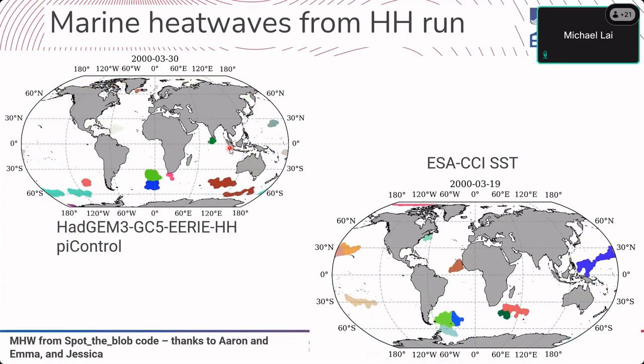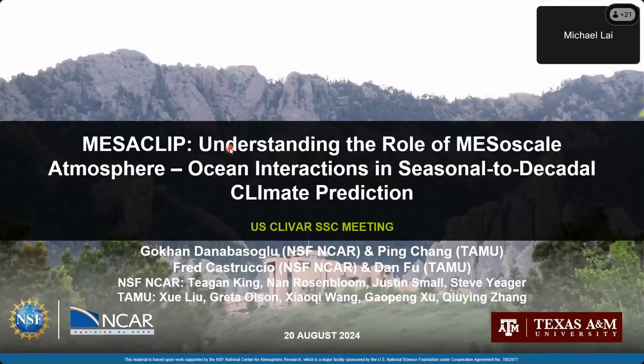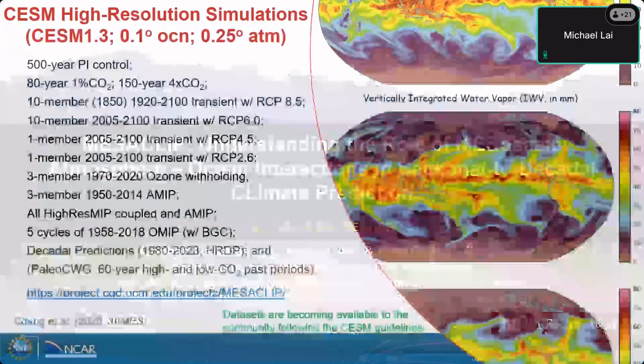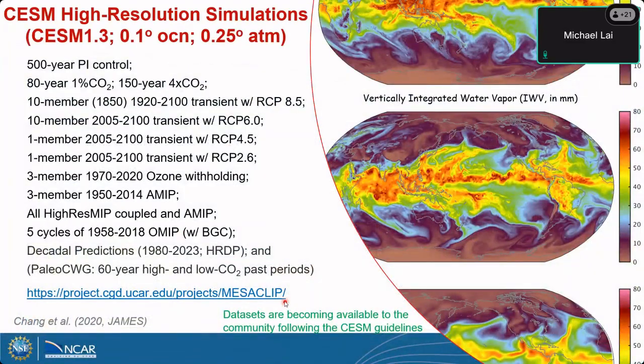to the ESA observations. And then really just to advertise that it's not just our models that we have to do our analysis with. So the Mesoclip CSM high resolution data is now available if you go to the Mesoclip link. Not all of these simulations are available, but certainly the 10-member 1920 to 2100 data is available.